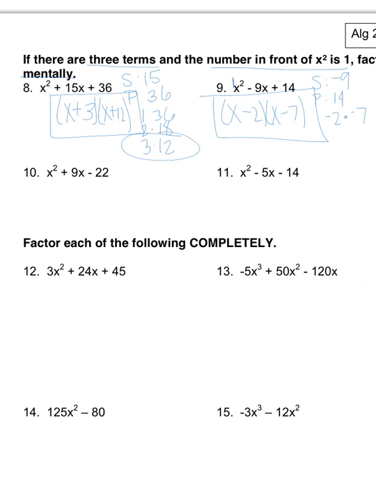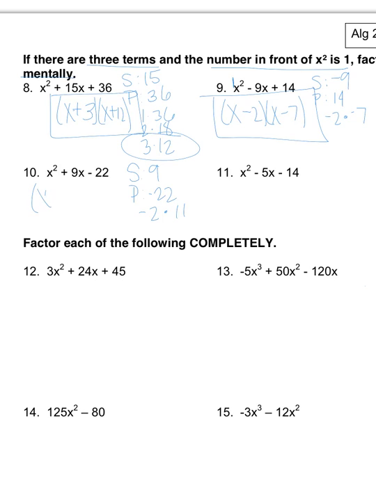Okay, 10. Doing the same thing. So we want the sum to be 9, product to be negative 22. Since we're adding to get a positive, multiplying to get a negative, only one term is going to be negative. So that would be negative 2 and 11. Again, if you can't figure it out, just start with 1 and keep going until you find it.